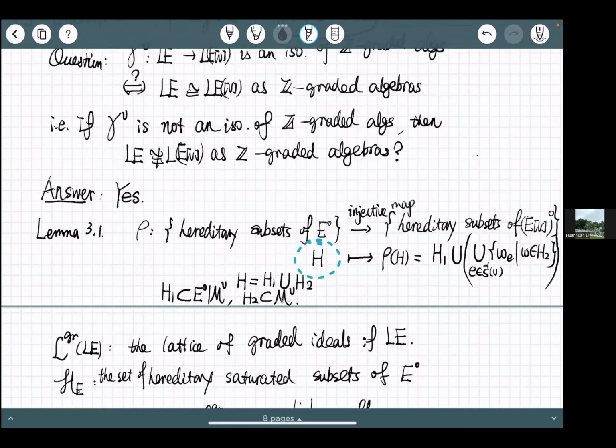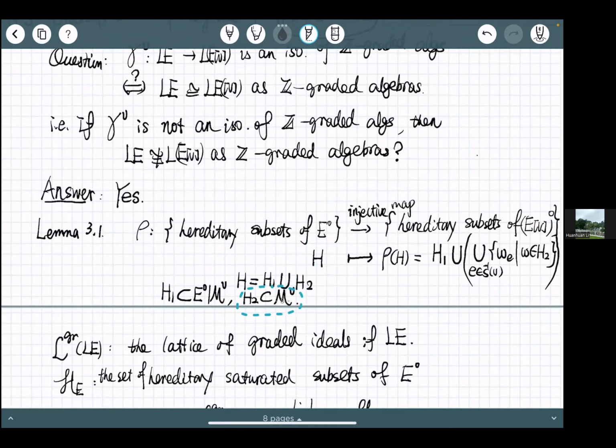We have a hereditary subset H of E0. We split it into two parts. The first part, H1, is contained in E0 minus MV. The second part, H2, is contained in MV.